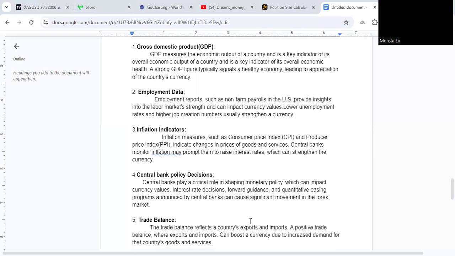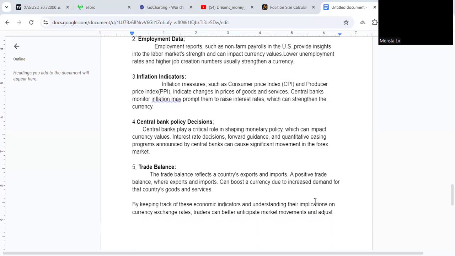Let me say this one more time: central banks can cause significant movement in the forex market, right?